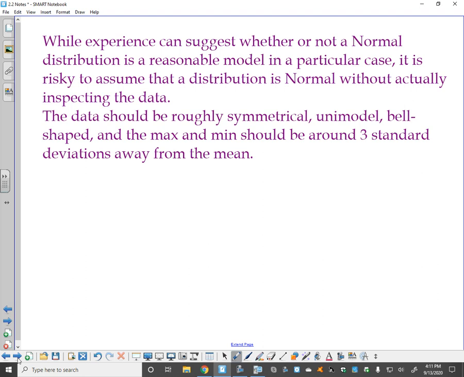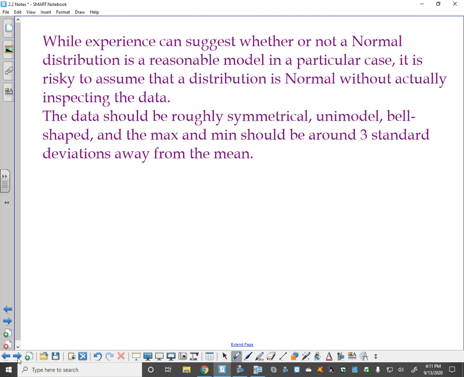So if you go beyond that, if your max is 5 standard deviations above your mean, that's not unheard of, but odds are something's off and it's not normal. So if I ask you if a normal distribution would fit this data, these are the things you need to be looking for: roughly symmetrical, unimodal, bell-shaped, and the max and the min about 3 standard deviations away from the mean.